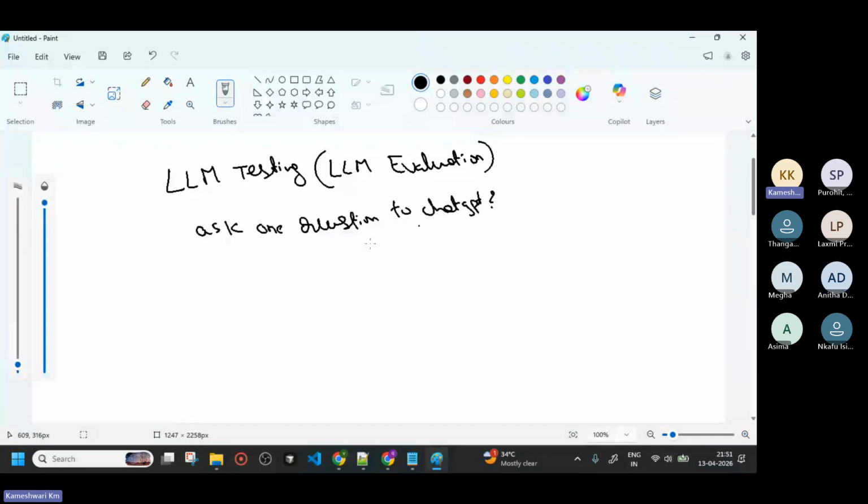Not only this. Maybe if you know the answer, we are very confident that it is giving the correct answer. But what exactly we don't know, because there is n number of data. Consider that in our office some lakhs of documents have been trained and we need to test it.